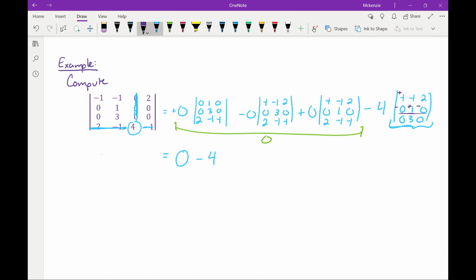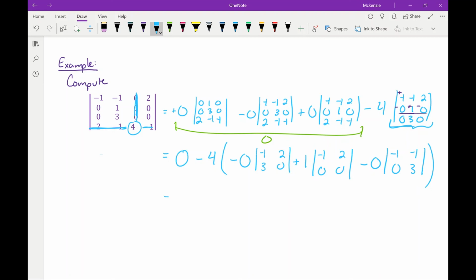So here we'll get negative 0 times something, that would be negative 1, 2, 3, 0, plus 1 times negative 1, 2, 0, 0, minus 0 times negative 1, 0, 3.